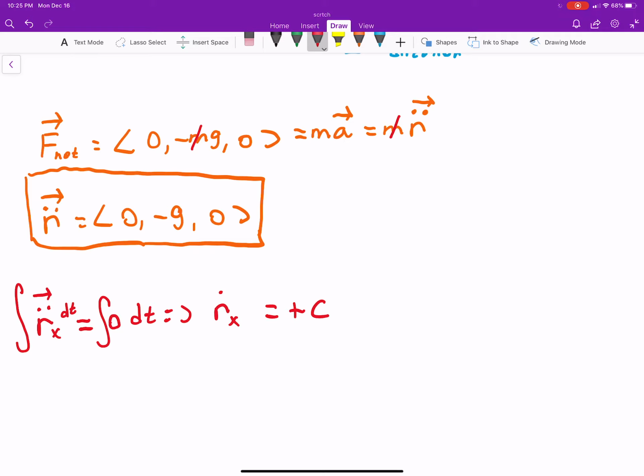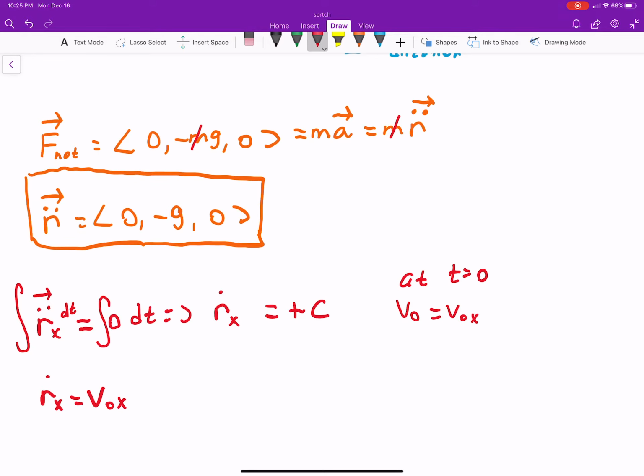We know that at t equals 0, our speed, v naught, is just v naught x. So our speed at time equals 0 in the x direction is just our magnitude. So for that reason, we can say r dot x is equal to v naught x. That's our constant of integration.